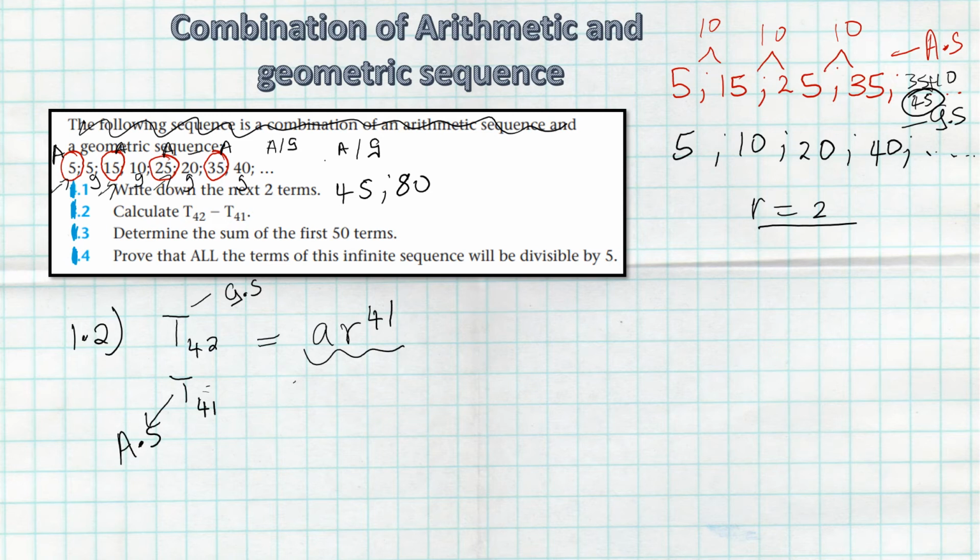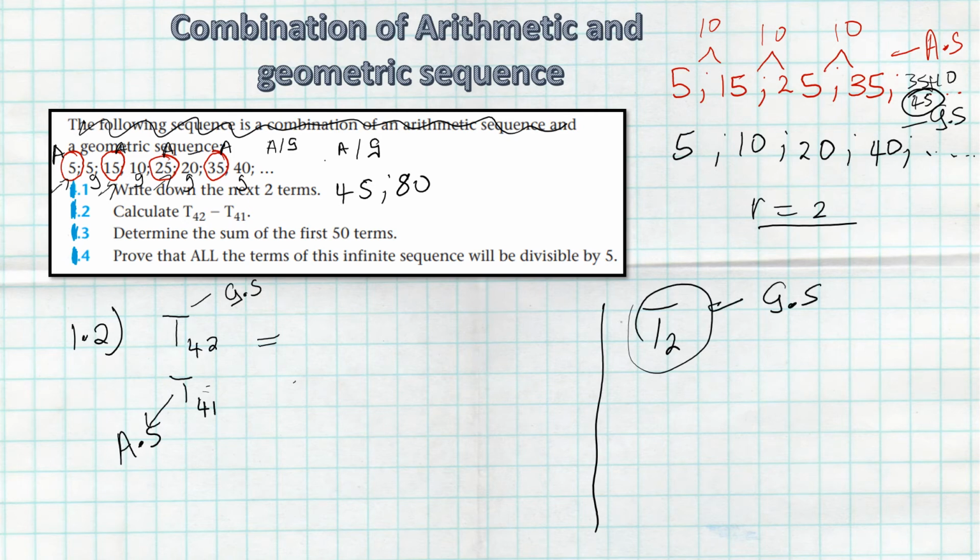Remember, this is a combination of arithmetic and geometric. So term 42 is 42 on the whole combination, but in the geometric sequence it is not number 42. How do we know? A simple way is to check. Let's say term number 2.